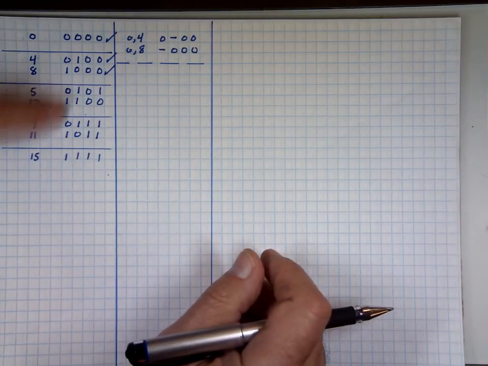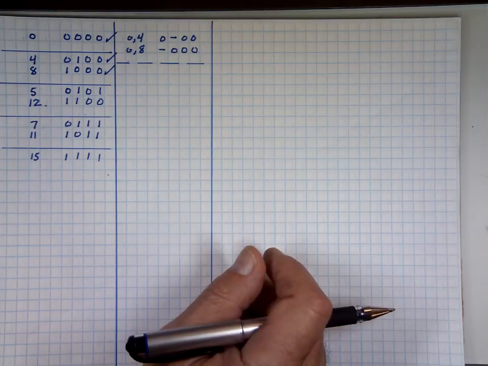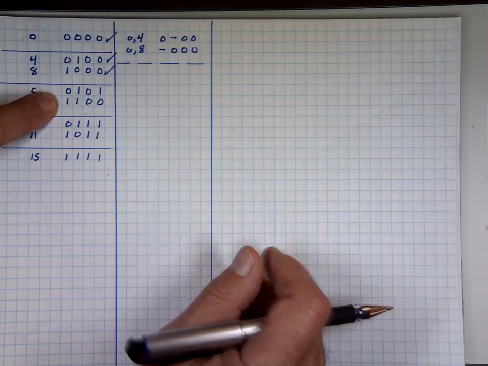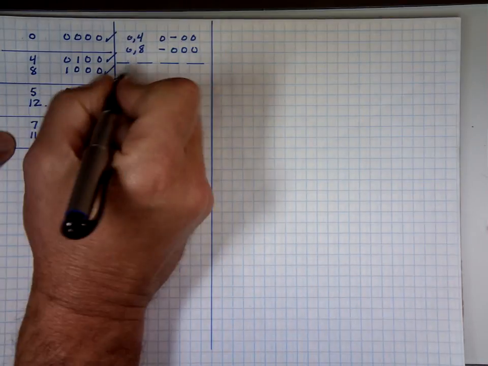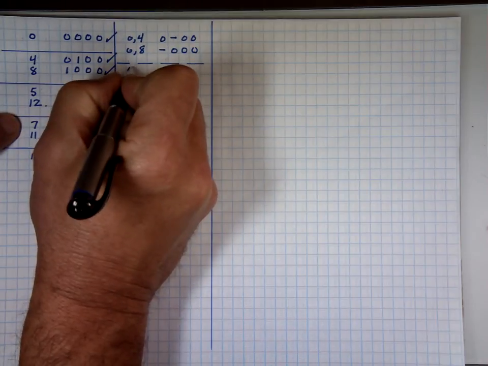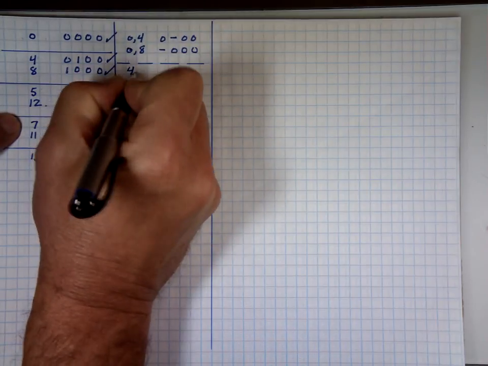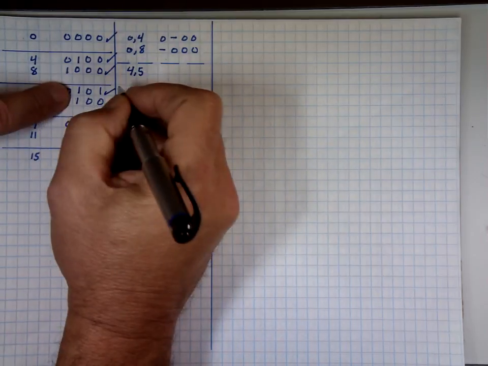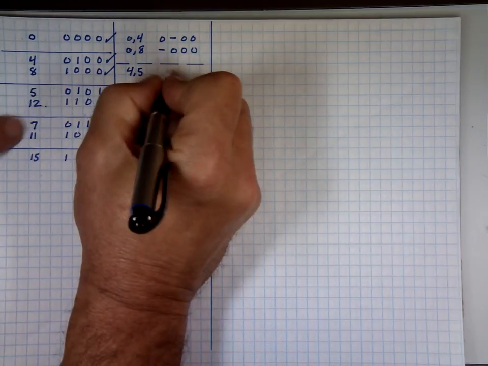Now let's look at these two. Let's try the 4 and 5. The 4 and 5, are they different by 1? Yeah. 4 and 5, there's a check mark. It'll be 0, 1, 0 dash, right?